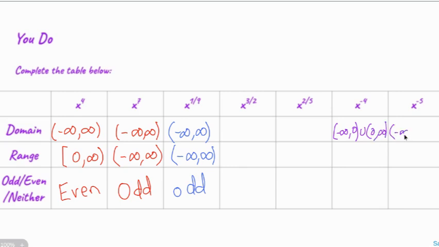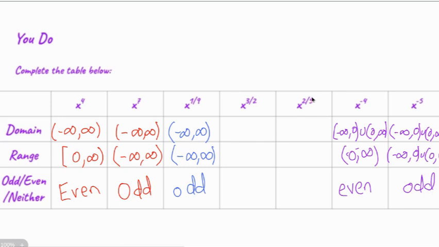With an even exponent, we go from 0 to infinity, and from an even negative integer, 0 to infinity, and with an odd negative integer, our domain is the same as the range. And this is even, and this is odd.